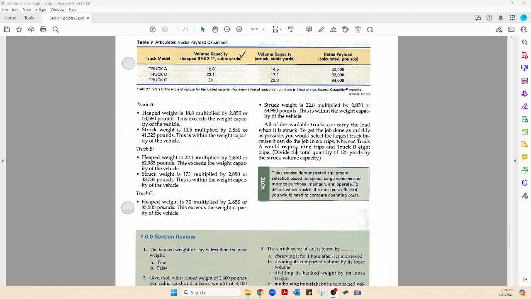Truck A would not require 9 trips. Truck B, I don't know what I said, but I do know that I could get that 125 cubic yards of dirt over there in 4 trips using truck C.